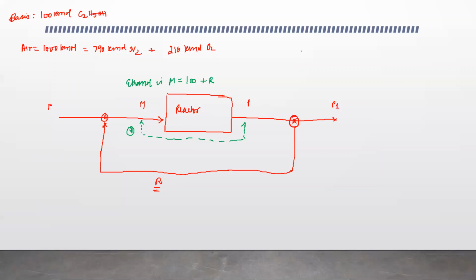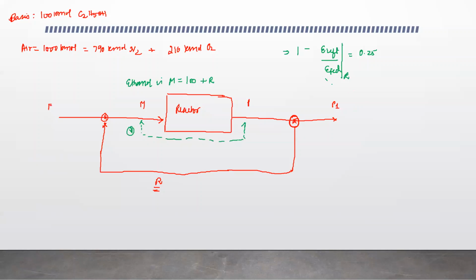So we can basically say 1 minus ethanol left upon ethanol fed is equal to 0.25. That is my per pass conversion. This is only for the reactor.